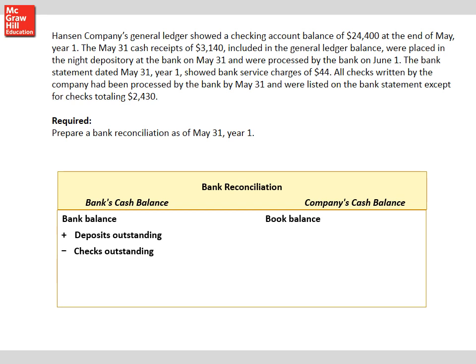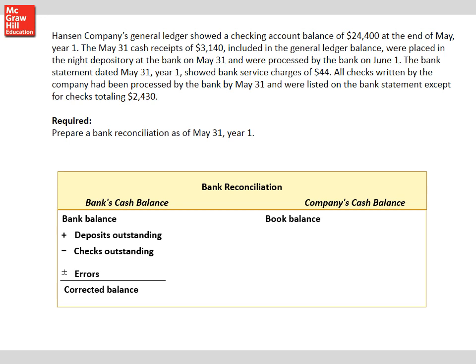That will not be on the May 31st bank statement, but it was a deposit in our company's records on May 31st. Checks that were written out of our checkbook but are not cashed yet at the bank are called outstanding checks. And there's a total of 2430 of them. Any errors on the bank side would be added or subtracted to find a correct balance that should have been on the bank statement for that month.